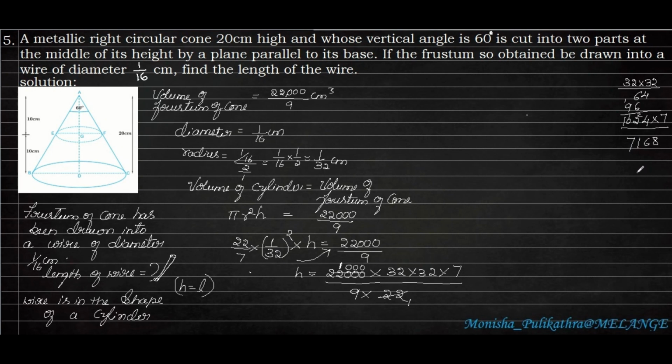So 7168. Here 3 zeros are there. So h will become 7168 into 1000, so it is 7168,000 by 9.